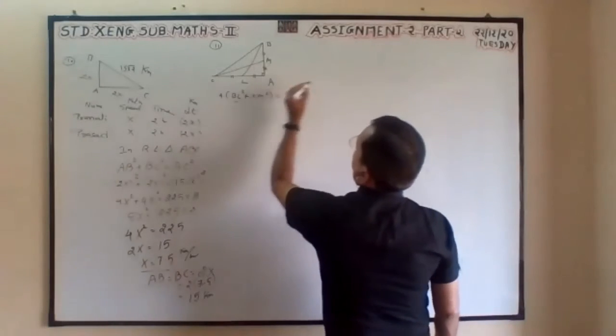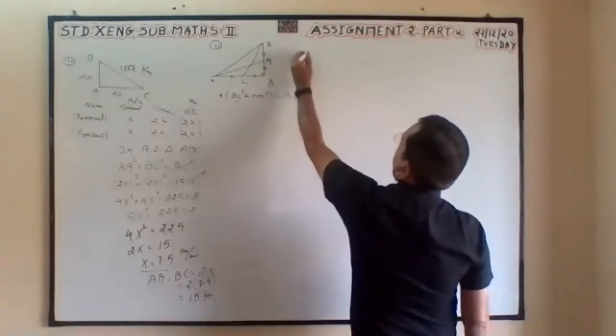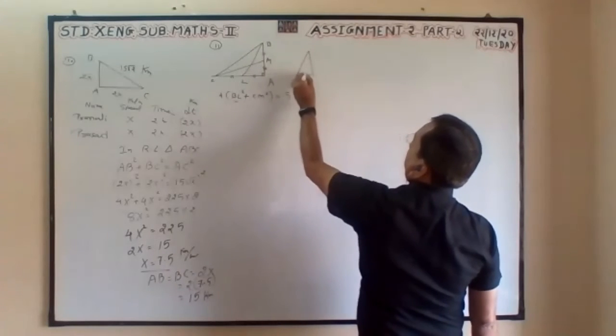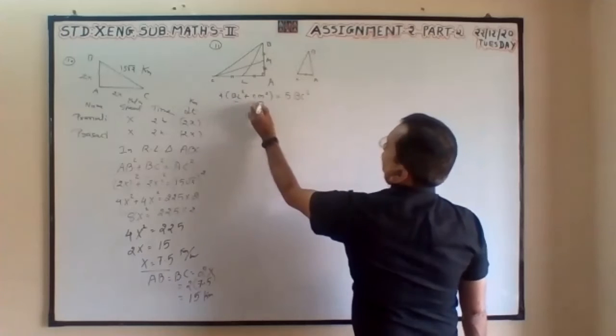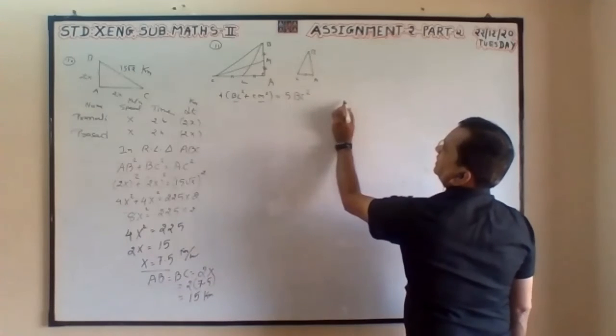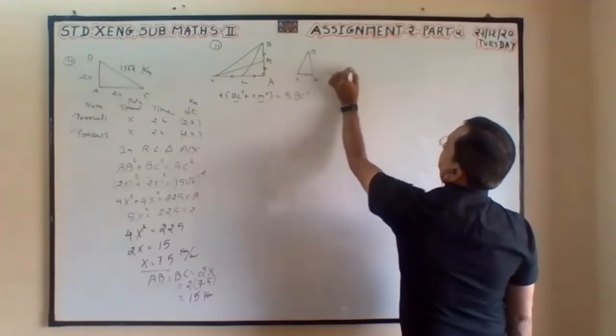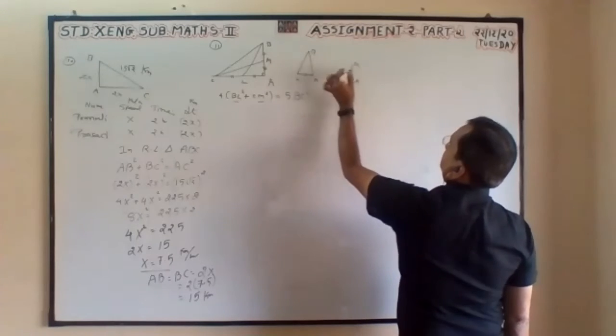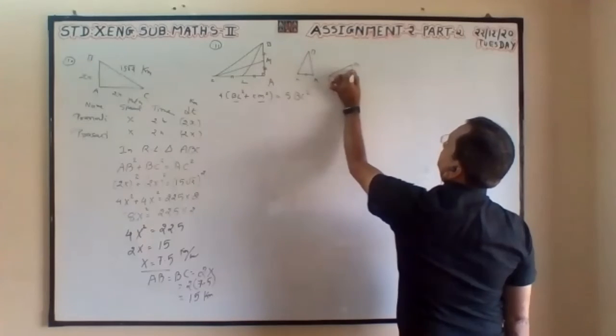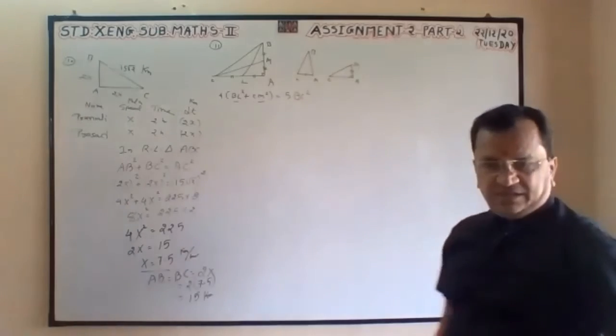For BL square, I will take this triangle, ALB. For CM square, I will take this triangle. Correct.